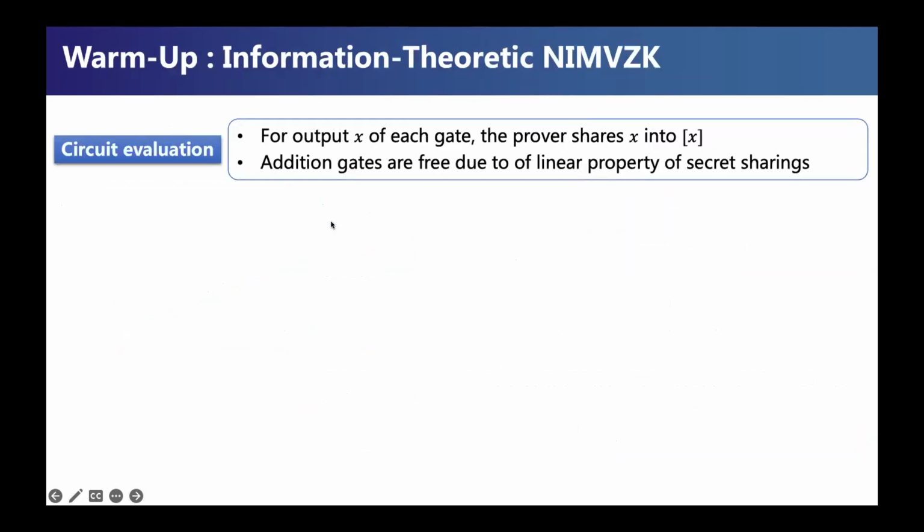We give an overview describing the main idea behind the information theoretical NIMVZK. First, the prover evaluates the circuit by sharing output of each gate. Due to the linear property of secret sharings, addition gates can be locally evaluated by verifiers and are free.